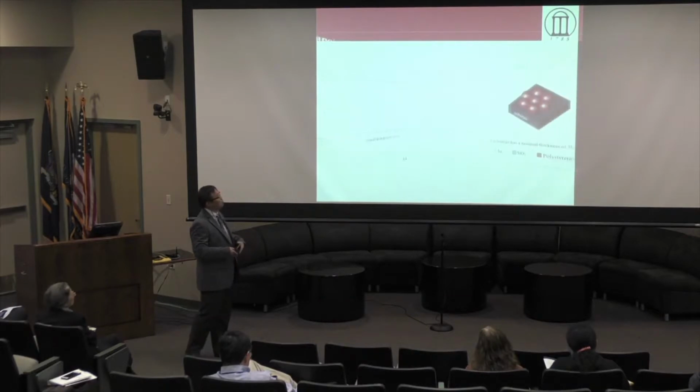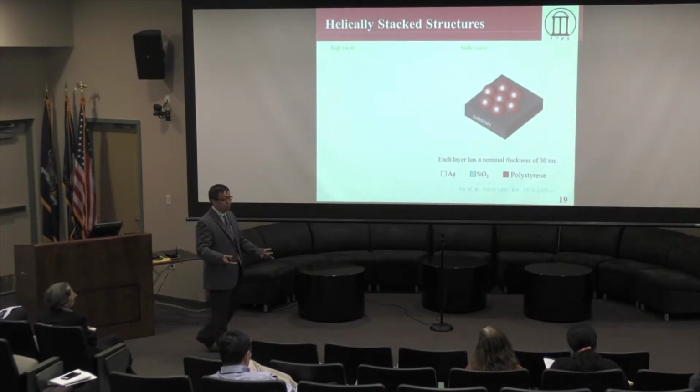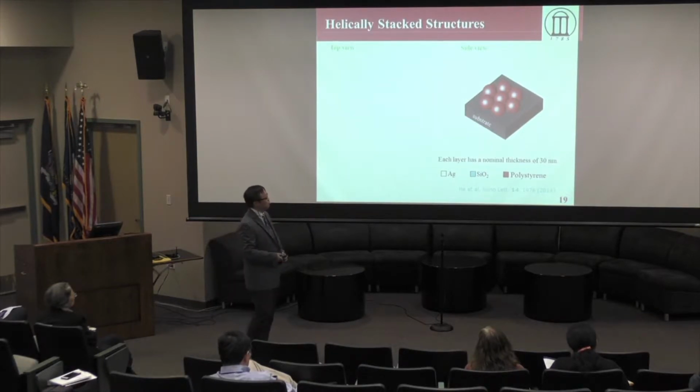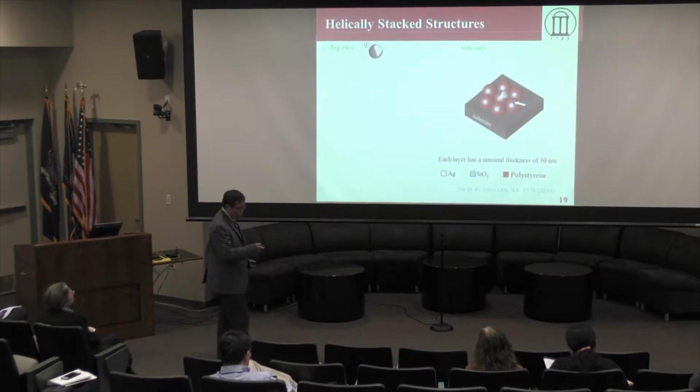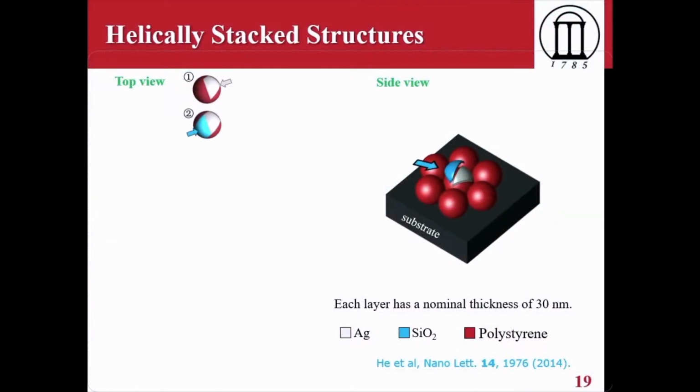Now, can we do something even more complicated than a two-dimensional or quasi three-dimensional structure? We can also utilize the same glancing angle deposition principles. For example, I can first deposit a layer of silver in this direction, then rotate the substrate and deposit a silicon dioxide layer in the opposite direction.